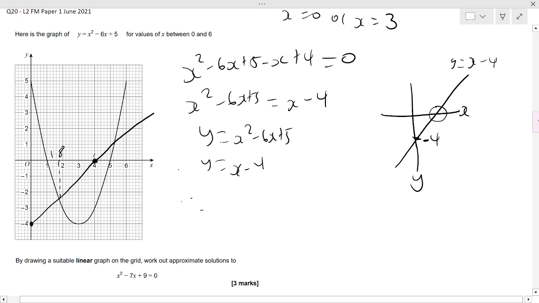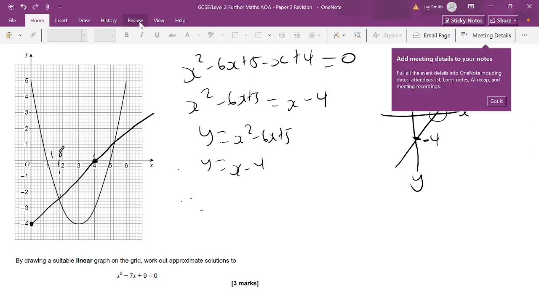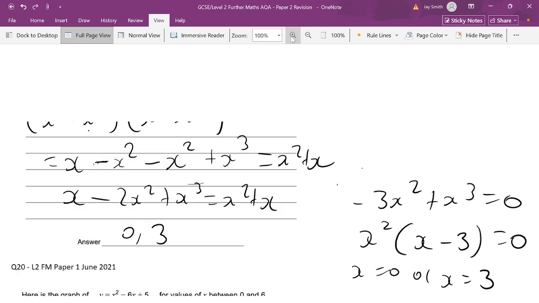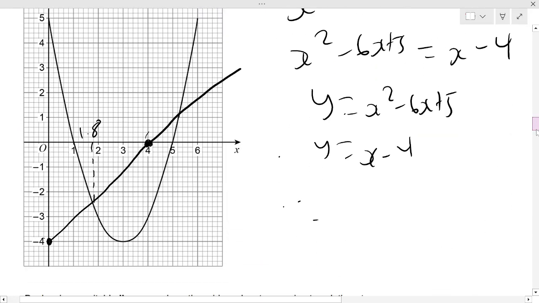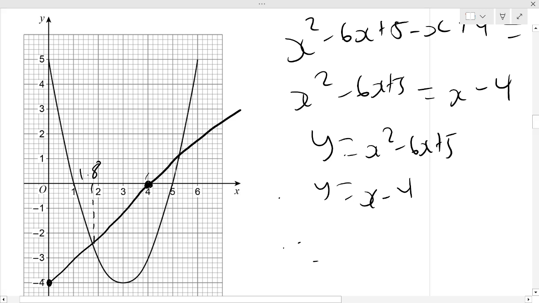I might have to zoom in for this. Hang on. There we are. And here, it's going to be about in the middle here, isn't it? So this is going to be 5.2 and that's 5.4. So in the middle is going to be 5.3, isn't it?